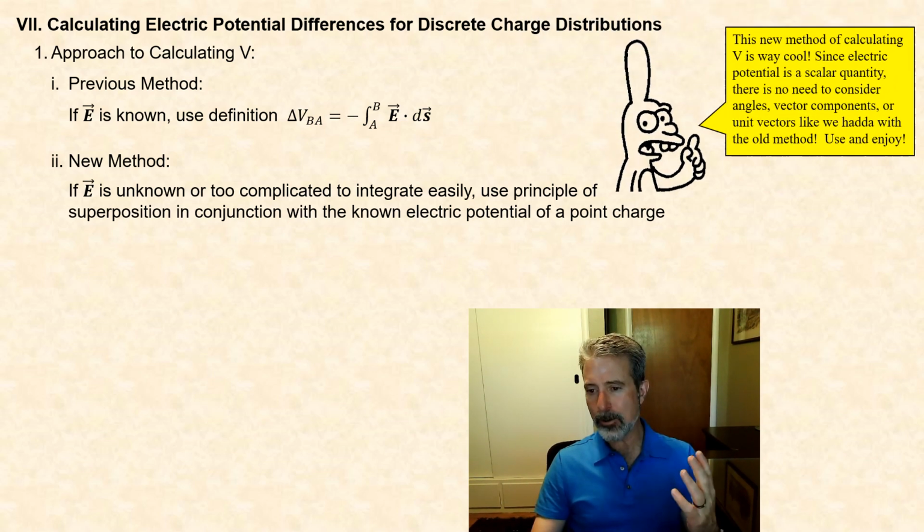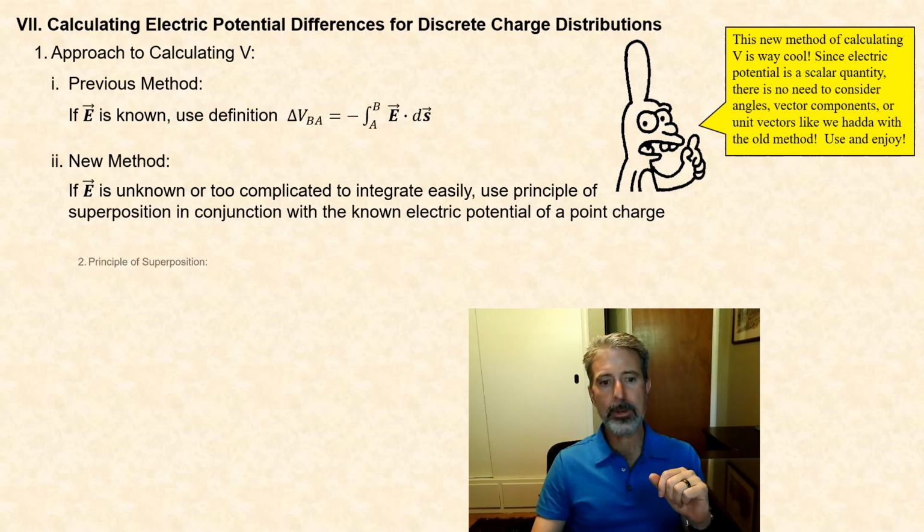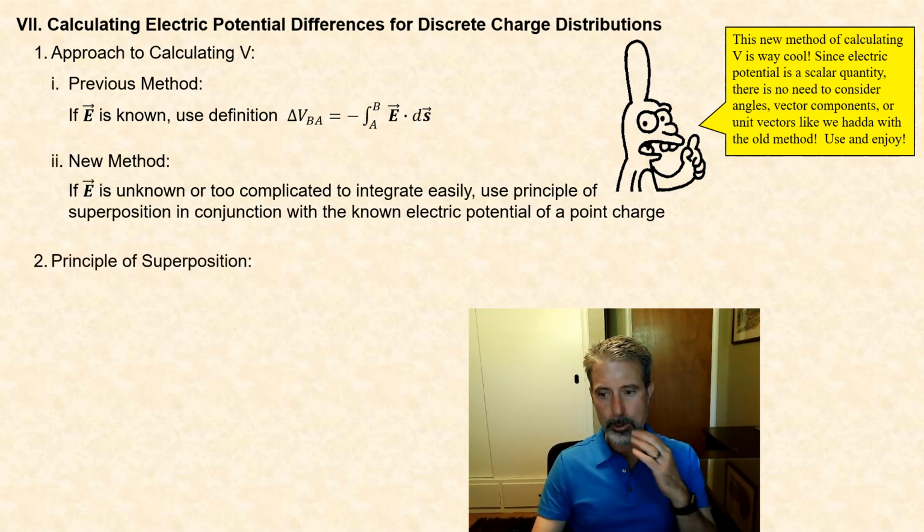And this is really nice because the electric potential is a scalar quantity as opposed to a vector quantity. So that means there is no need to consider angles, vector components, or unit vectors like we've had to think about thus far using the definition of electric potential difference. So this method is much easier if you are able to use it.